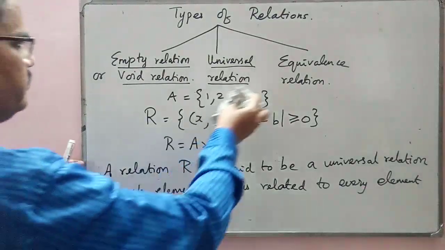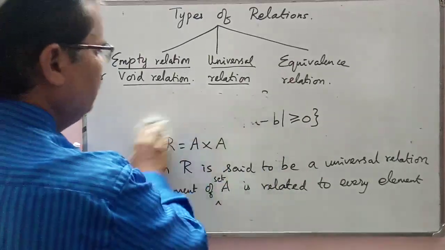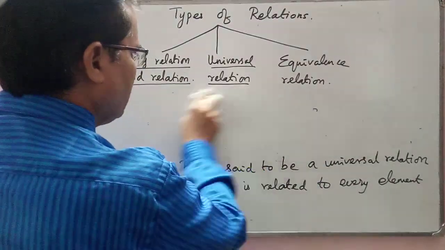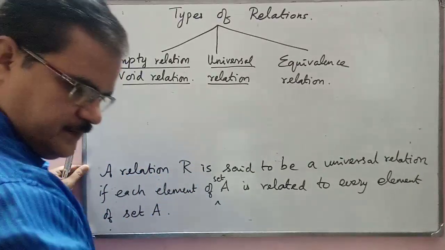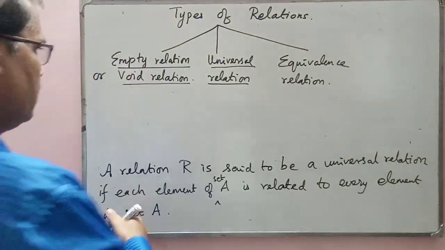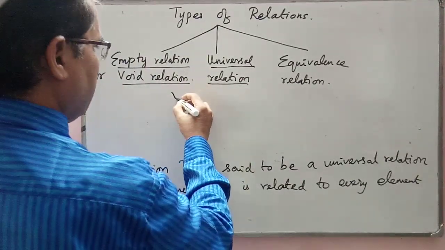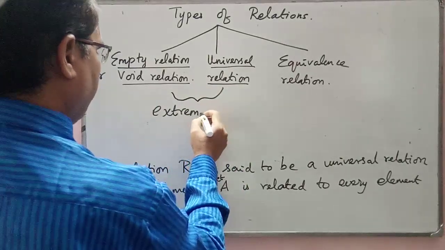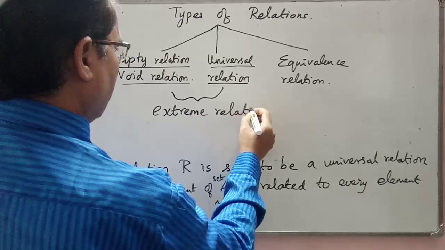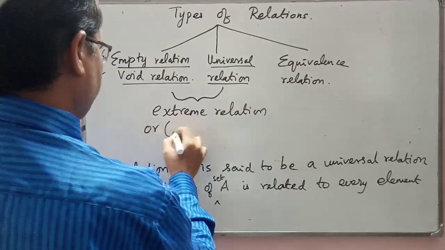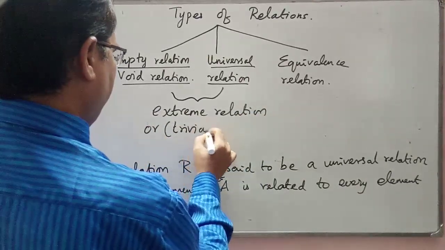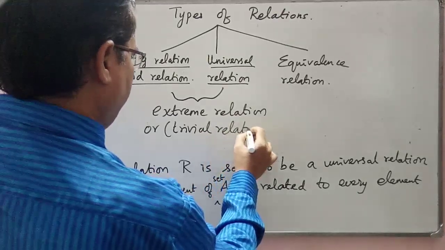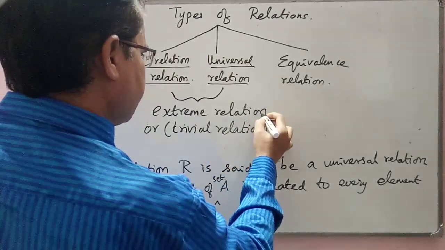Now, this universal relation and empty relation are collectively called extreme relations, or trivial relations. Why are they called extreme relations?